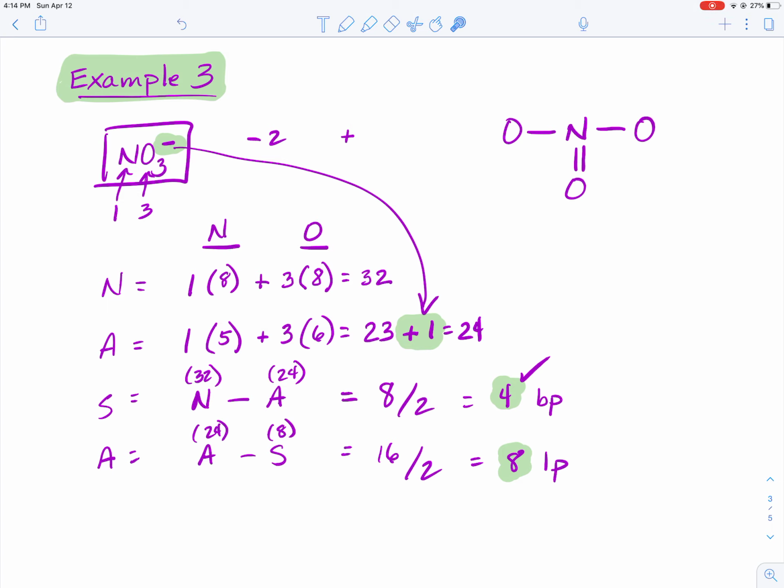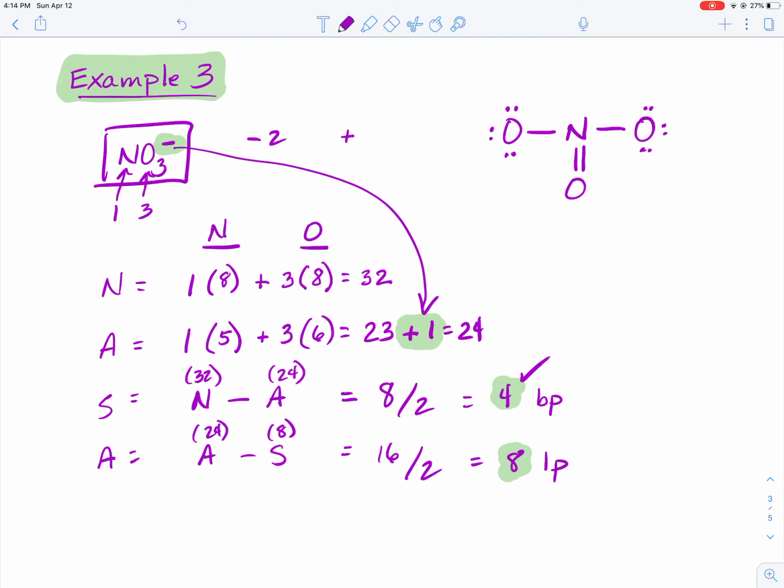However, let's look at the oxygens coming off of the nitrogen itself. The single bonded oxygen on the left only has 2 electrons. It needs 6 more. So we'll put 3 lone pairs here. And the oxygen on the right only has 2, so it needs 6 more, 3 lone pairs. That's a total of 6 lone pairs, and we had 8 total that you calculated.